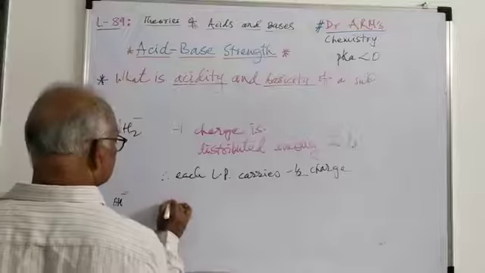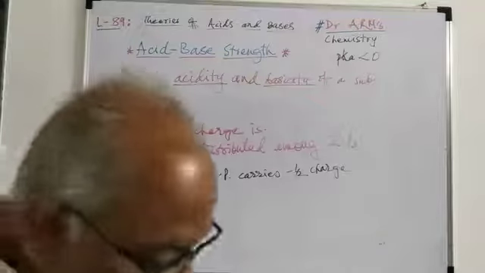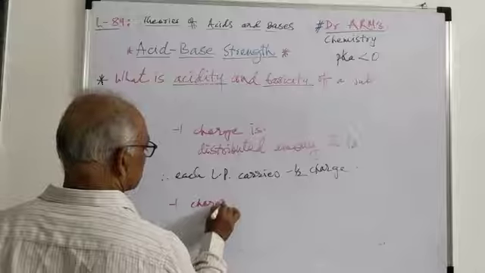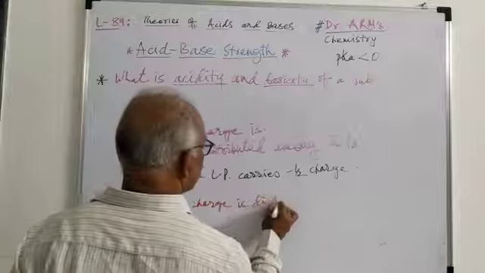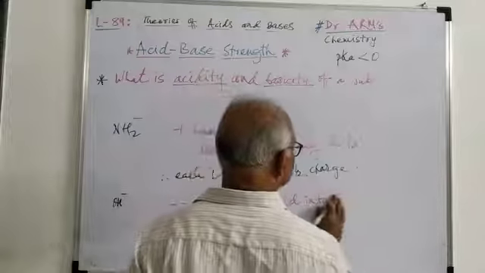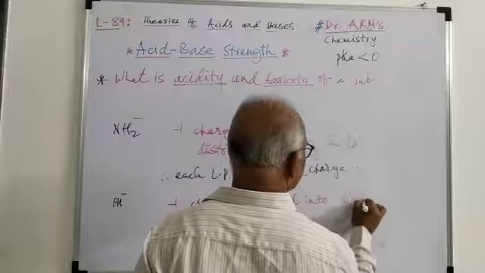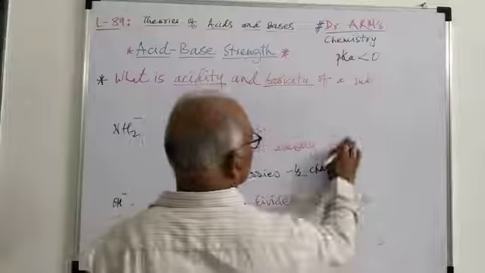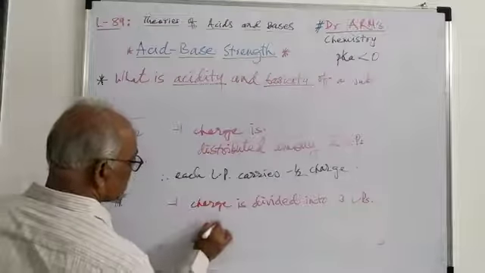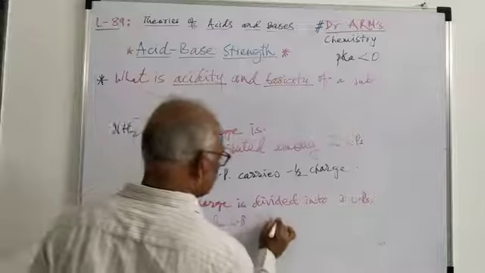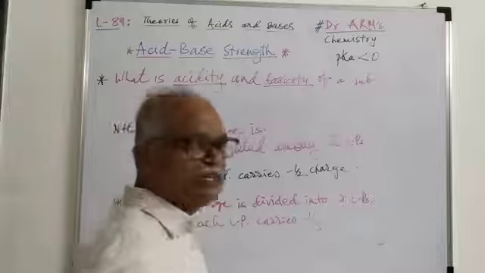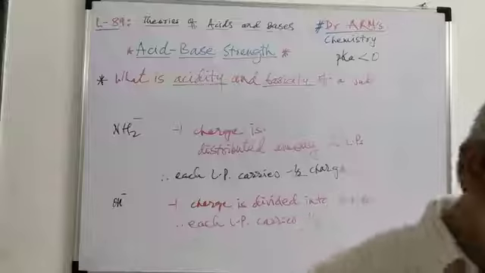So you can see the minus one charge is distributed, or divided, into three lone pairs, and therefore each lone pair carries minus 1/3 charge.